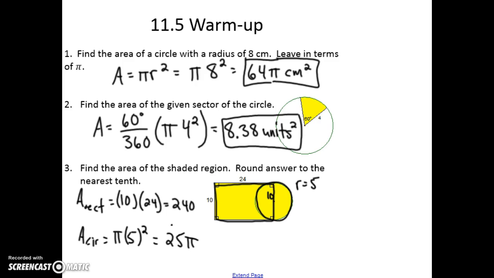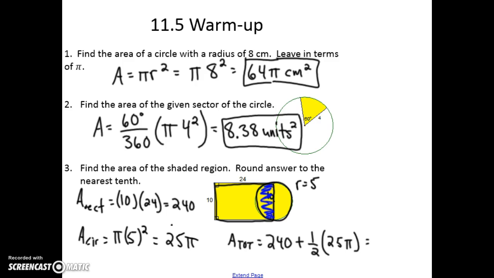But if I use the area of that circle and just add those together, I'm counting this area twice. And so I really only want to use half of that. So the total area would be the area of the rectangle, which is 240, plus half of the area of the circle, which was 25 pi.